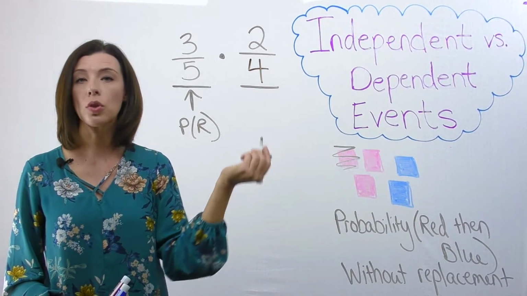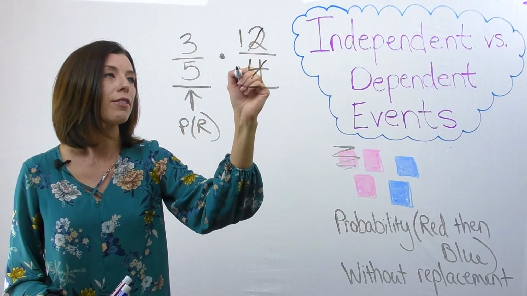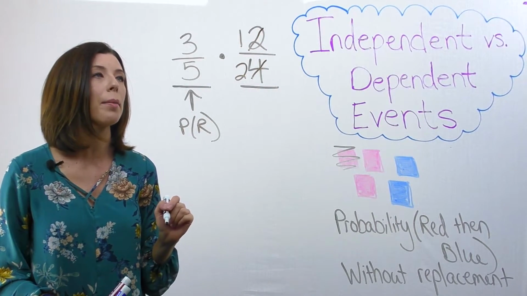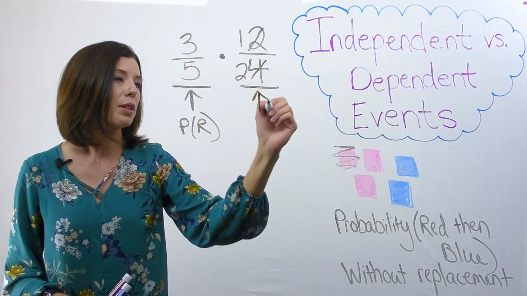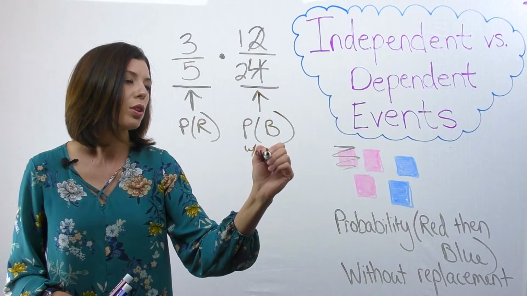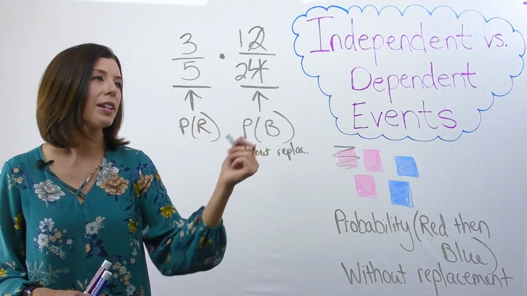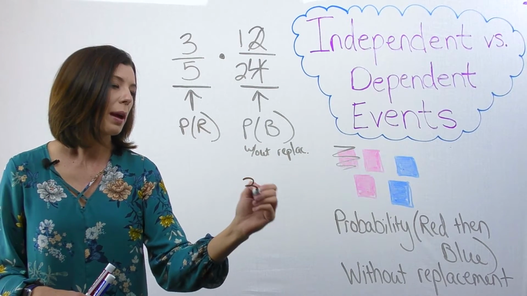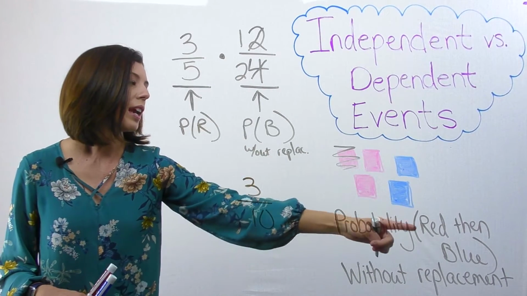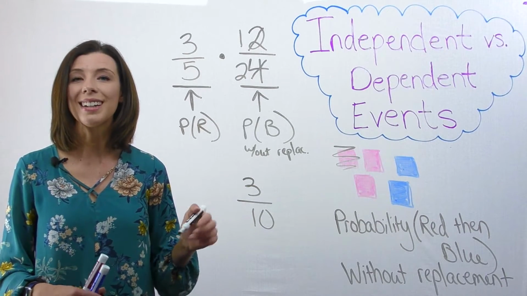So I have 2/4, or we could simplify this to 1/2 if I wanted to divide both the top and the bottom by 2. So again, this is going to be my probability of a blue, but this is without replacing it. So now I can just multiply and I get 3/10. So my probability of choosing a red, then a blue without replacement would be 3/10.